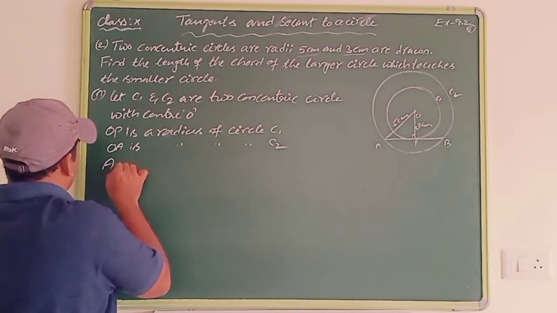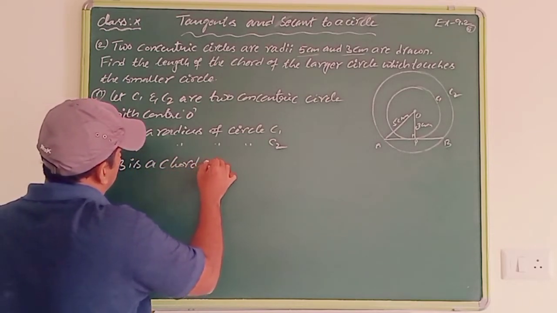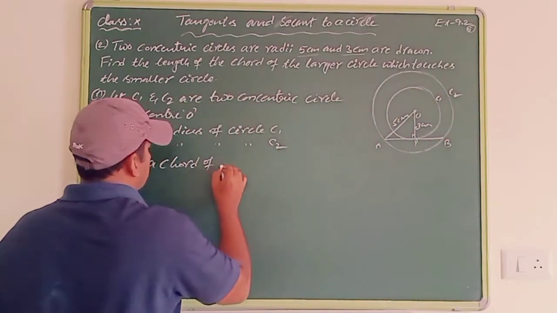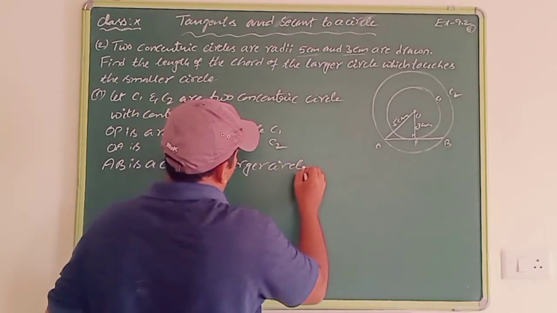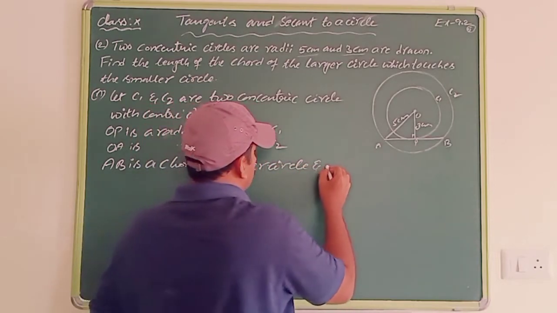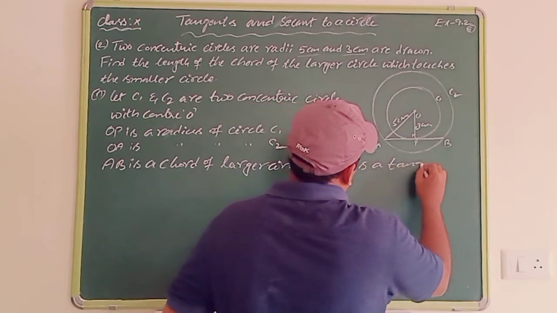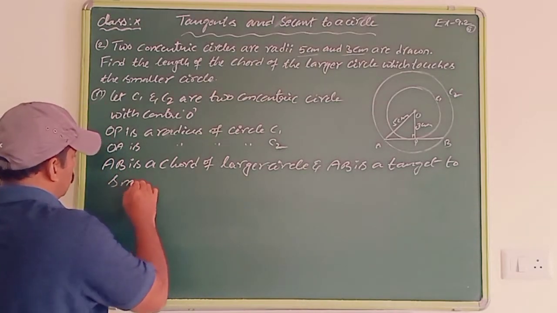Now AB is a chord of the larger circle and AB is a tangent to the smaller circle.